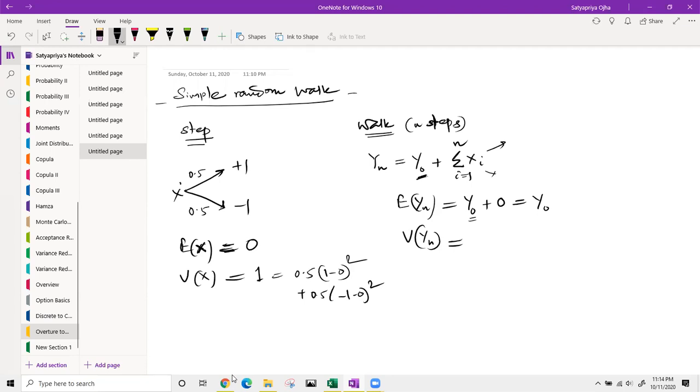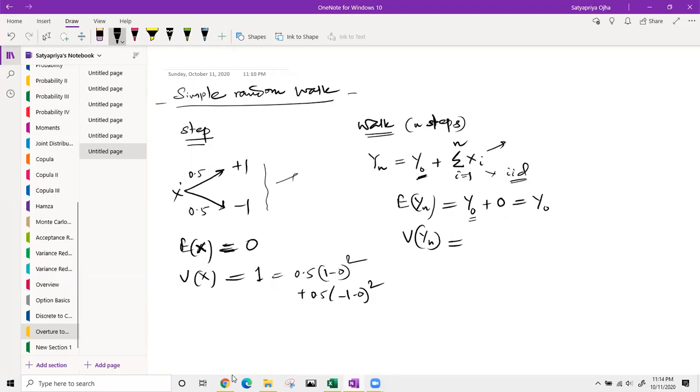Now these are all IID: identical, because all of these steps are coming from the same distribution, 0.5 plus 1, 0.5 minus 1. Also independent. That means it doesn't matter where I am right now, my step will always be independent of all previous steps.